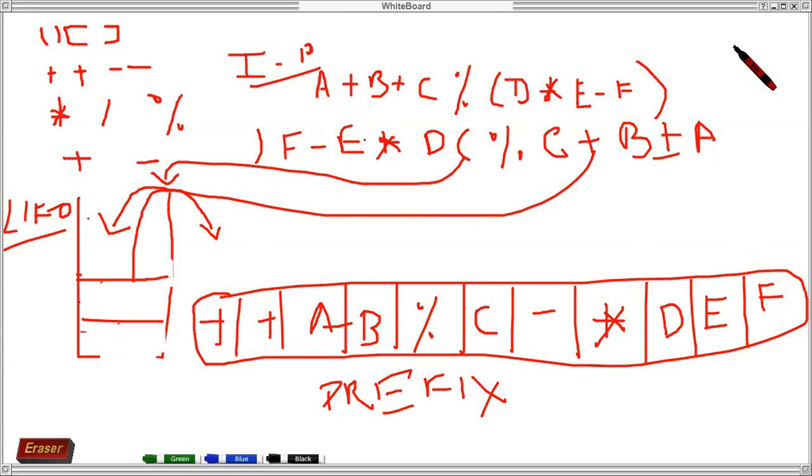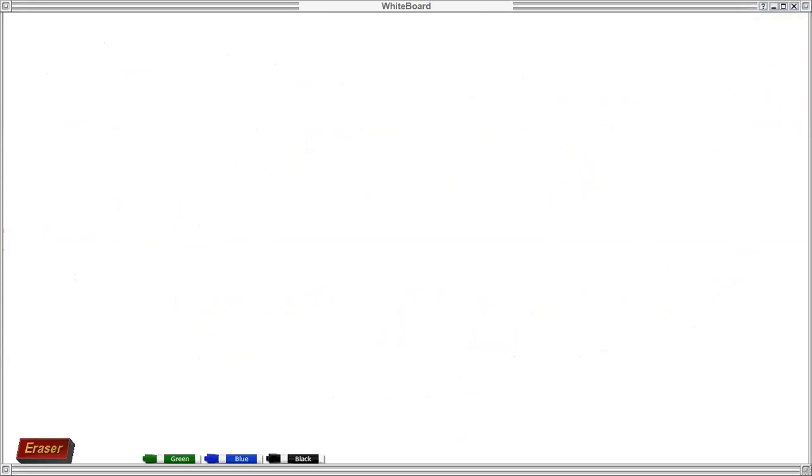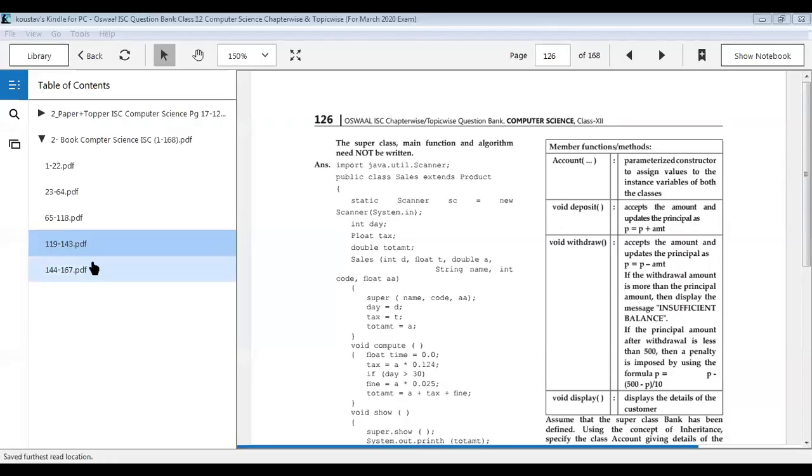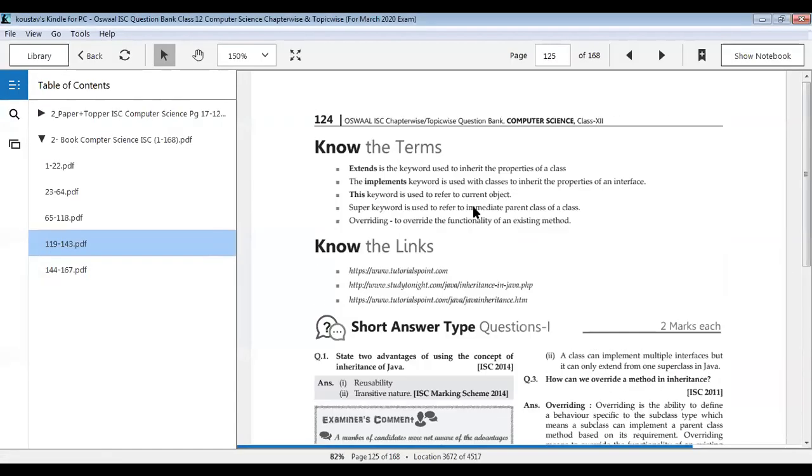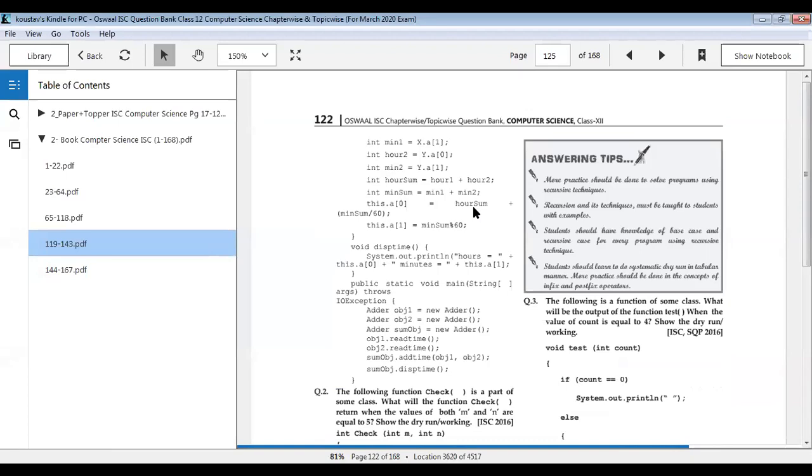So let us discuss one of the ISC questions today, because I think today the programming part of stack and queue you will hardly understand. It has a lot of things to cover, class topic. So let me share one question with you.